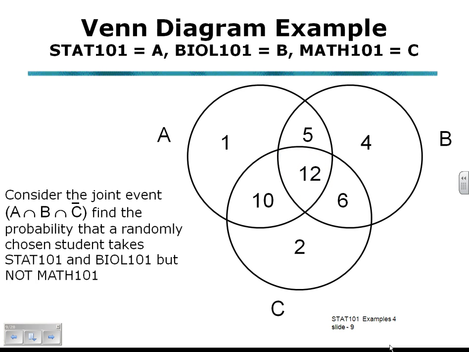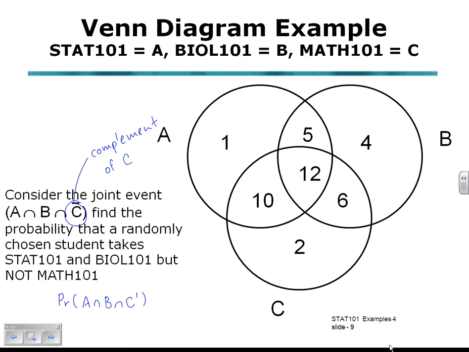Moving on to another joint event, A intersection B intersection C dash, C complement. Find the probability that a randomly chosen student takes Stat 101 and Biology 101, but not Math 101. It's the complement of C, C dash, C bar. It's the complement of C, so not Math 101.